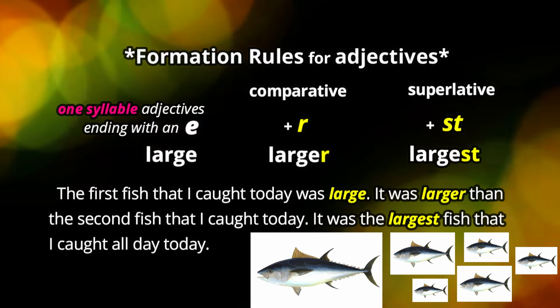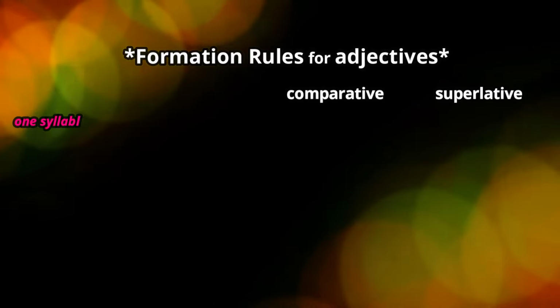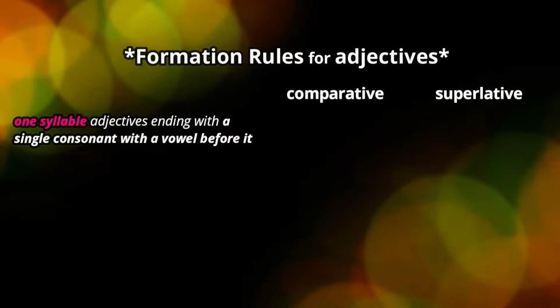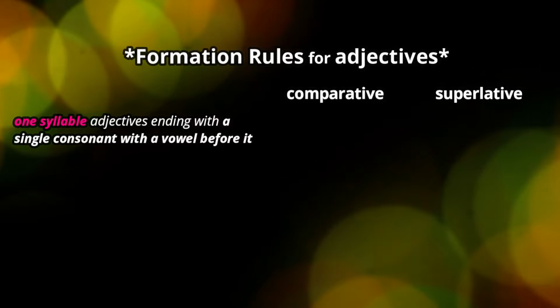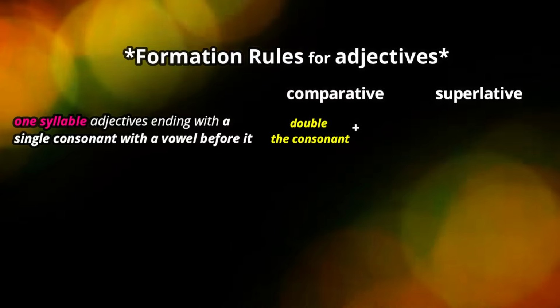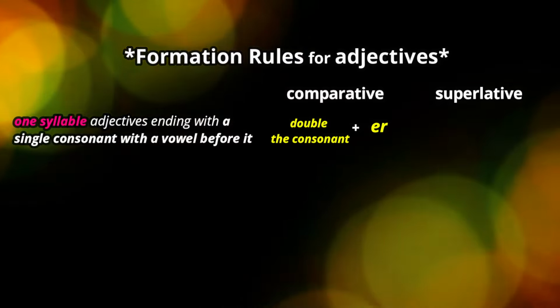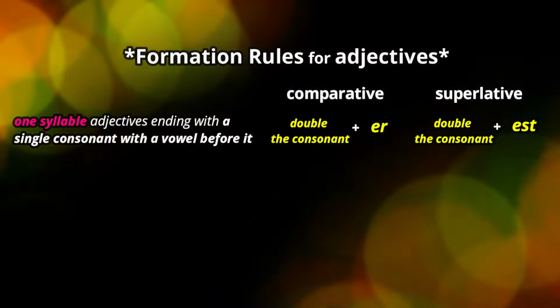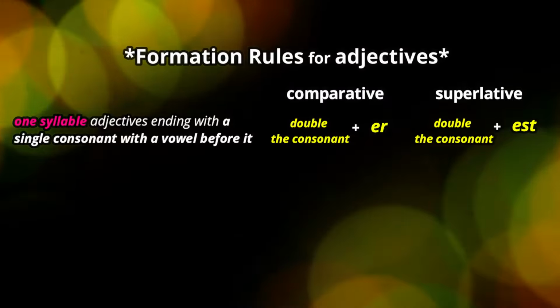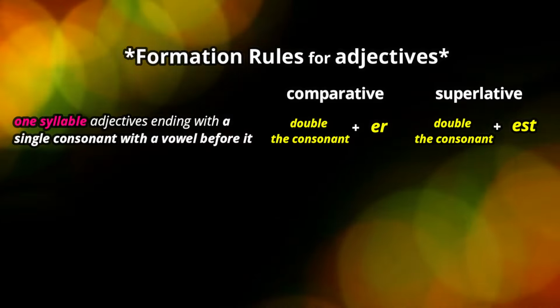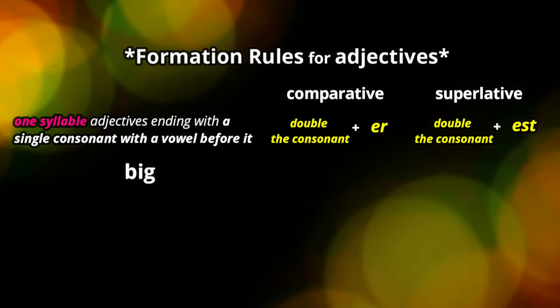Got it? Now, with one-syllable adjectives ending with a single consonant with a vowel before it, you just double the consonant and add ER for the comparative form, and double the consonant and add EST for the superlative form. All right, so we have our adjective, which is big, right?